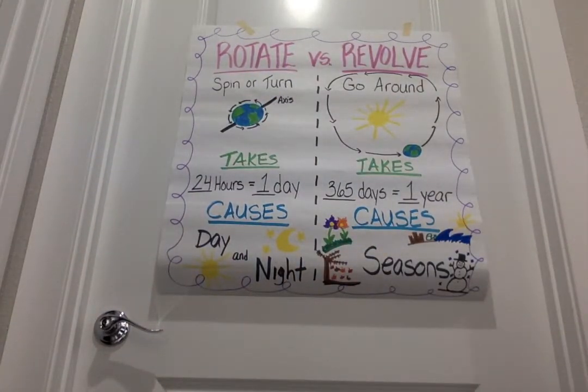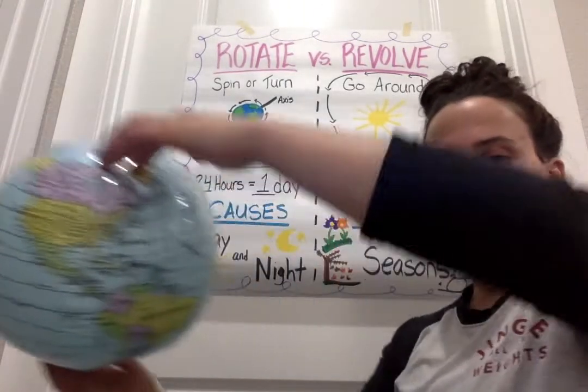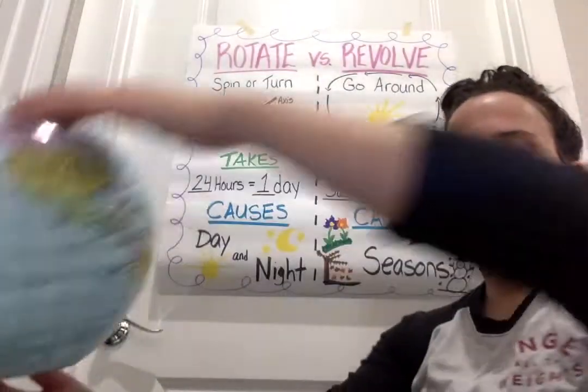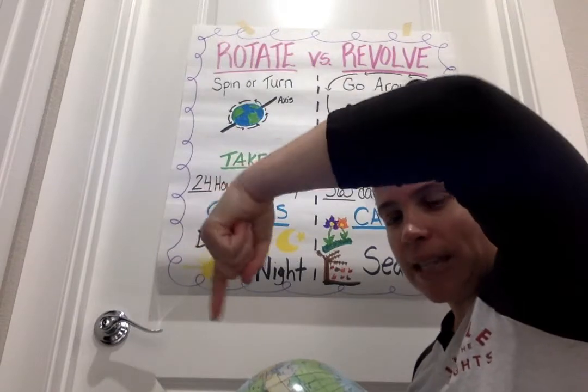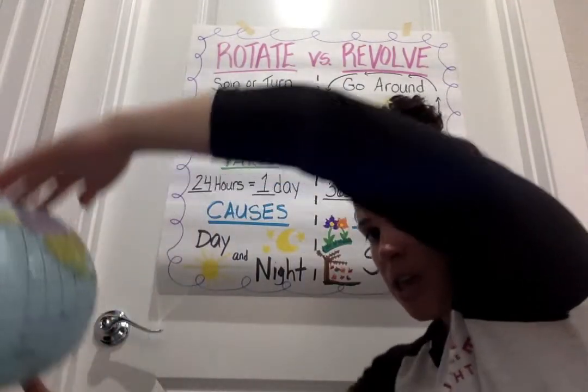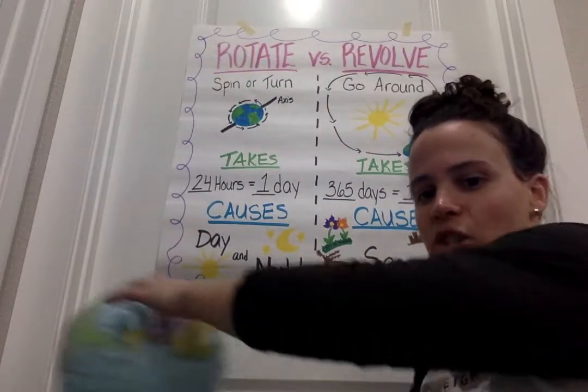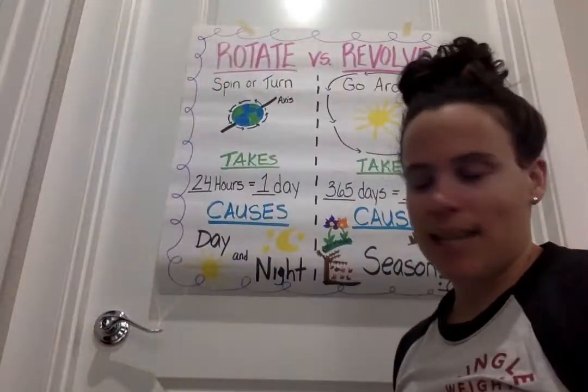Then we have something called revolve. Everyone say revolve. And that means to go around. So if something was in the middle, let's say the sun was right here in the middle, the earth is going around it.